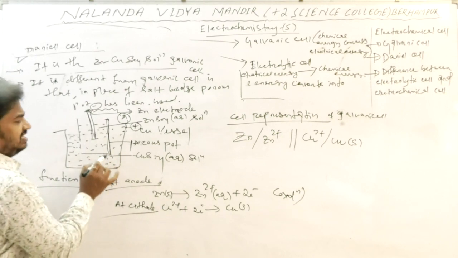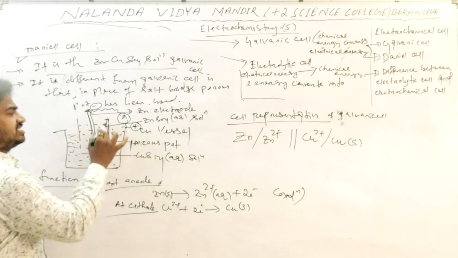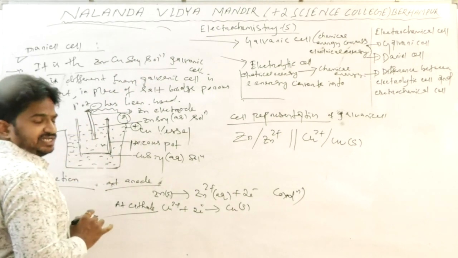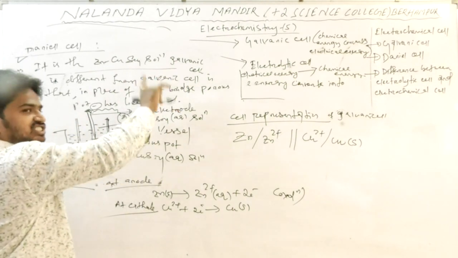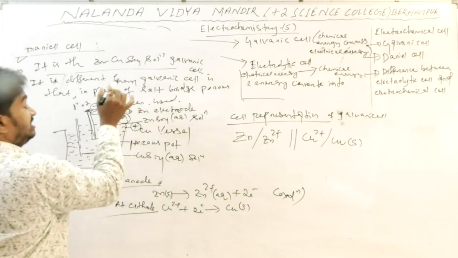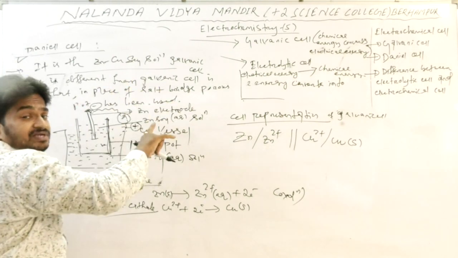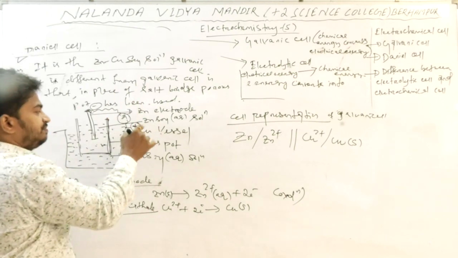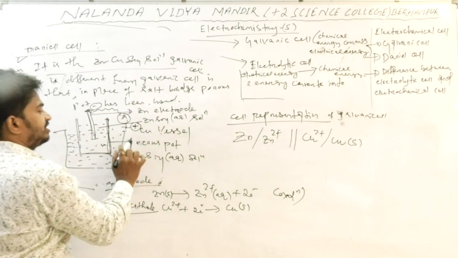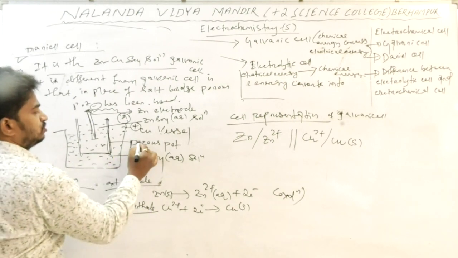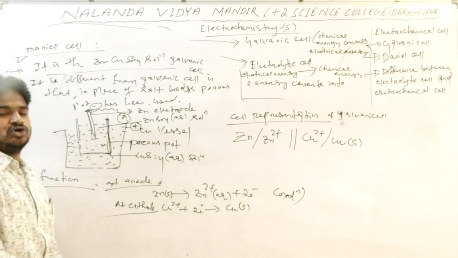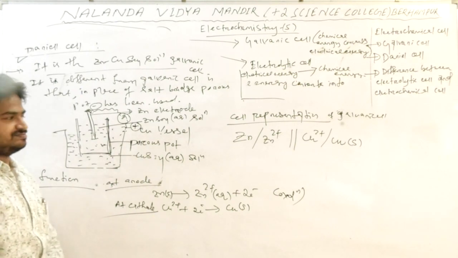These are two half cells, and these two half cells are connected by this porous pot, which acts as a salt bridge. So in the galvanic cell, a salt bridge is present. In the Daniell cell, in place of a salt bridge, a porous pot is used, which is the alternative to a salt bridge.